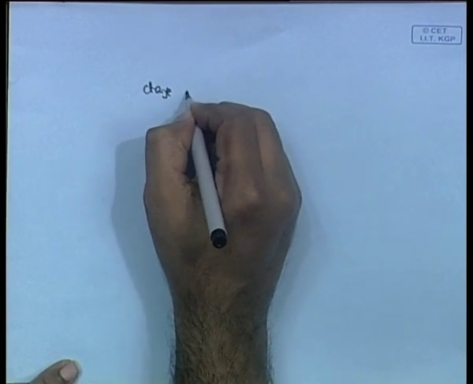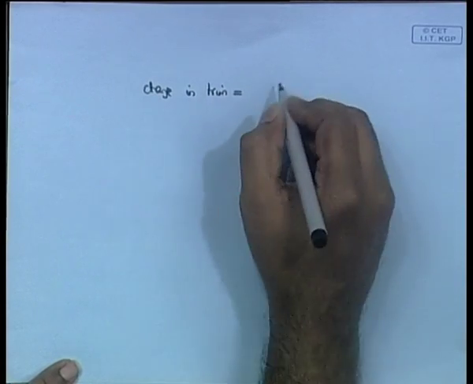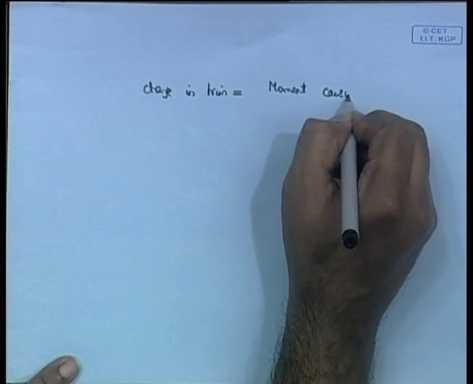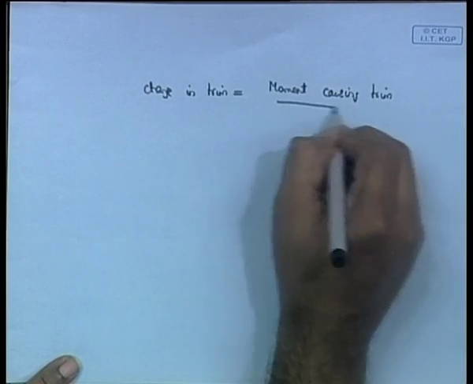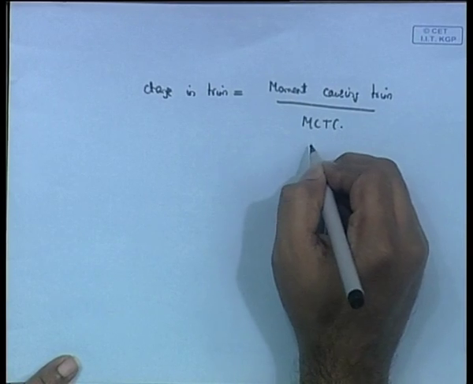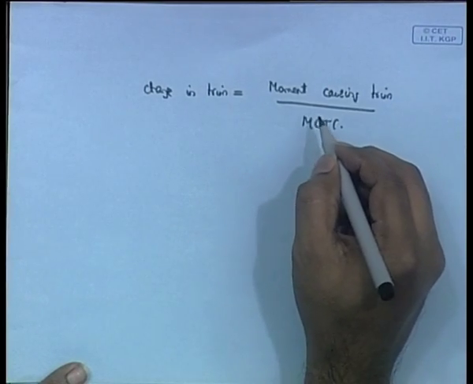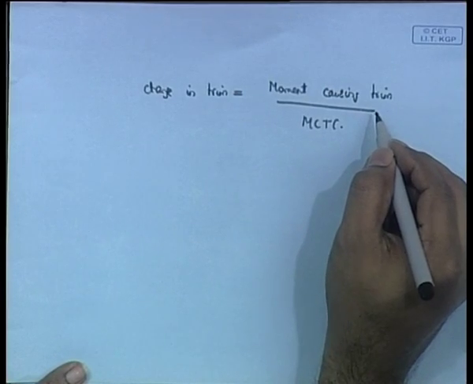When one end of a compartment, for instance, gets damaged, finally we are going to use the formula: change in trim is equal to the moment causing trim divided by MCTC. Now, MCTC, the moment to change the trim by 1 centimeter, will be given, and so the problem comes down to finding the moment that is causing the trim.